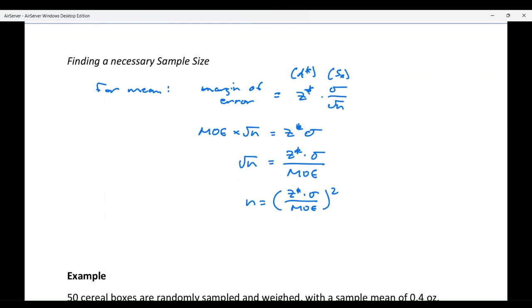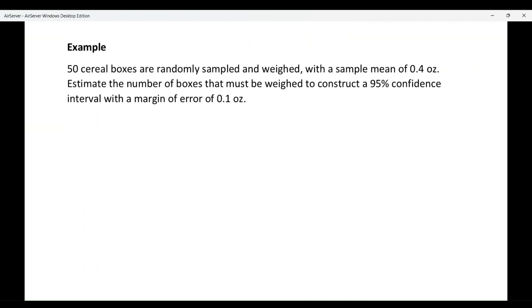All right. So just as a quick example, 50 cereal boxes are randomly sampled and weighed with a sample mean of 0.4 ounces. Estimate the number of boxes that must be weighed to construct a 95% confidence interval, with a margin of error of 0.1. Okay, so in this case, we are going to set up n equals.